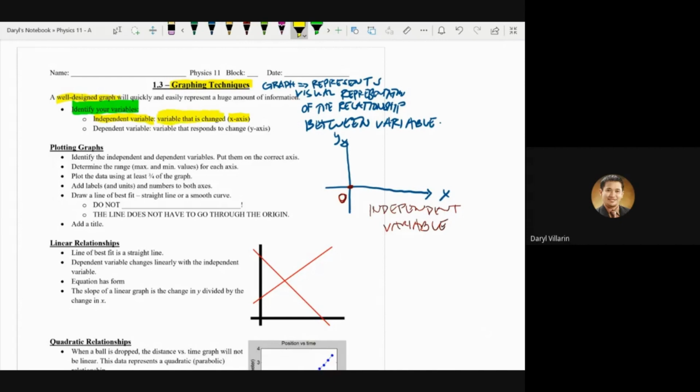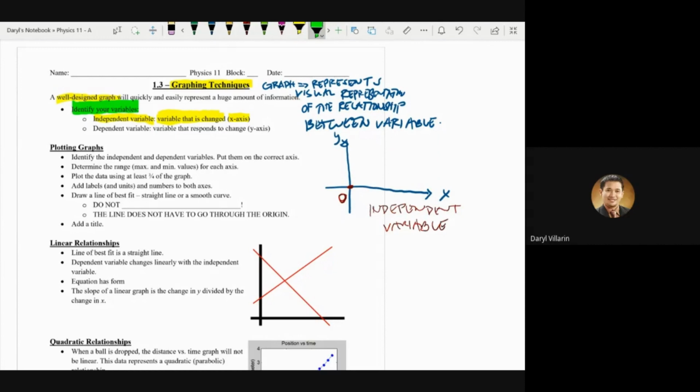For example, if you're going to study the motion of a particular object, and in your procedure you measure the distance covered by the object every 1 minute, then the independent variable is the time, because you're changing the time.